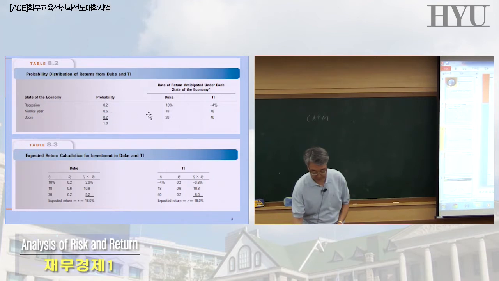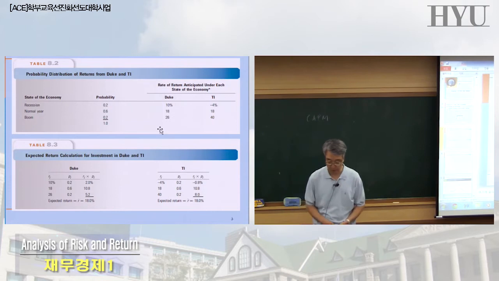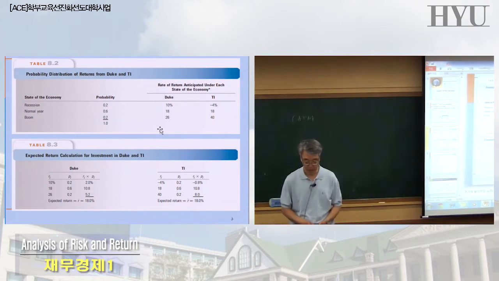Okay? And then, I guess maybe you, again, use the historical data to come up with this return percentage. In case the economy goes into a recession, the Duke Energy stock tends to return 10% on the investment.